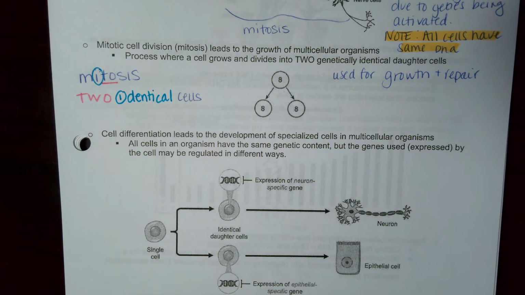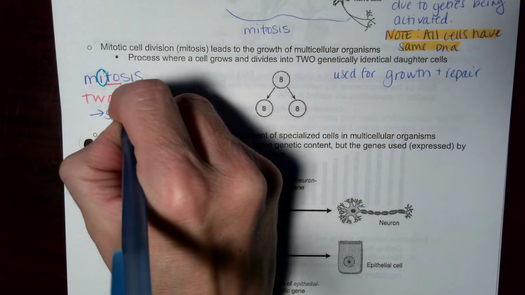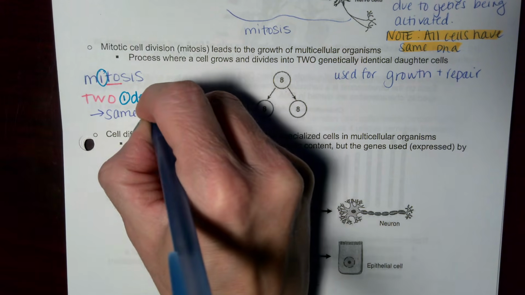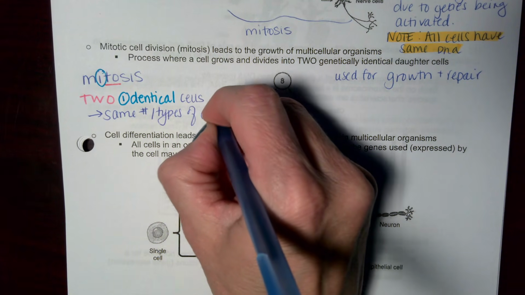Let's say that you go and you cut yourself and you need to replace those cells. That process that replaces the cells is known as mitosis. And let's add over here that it's going to be the same number and types of chromosomes.